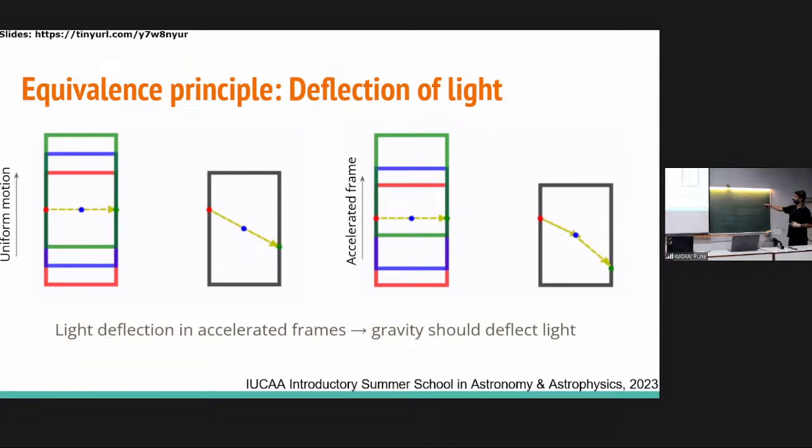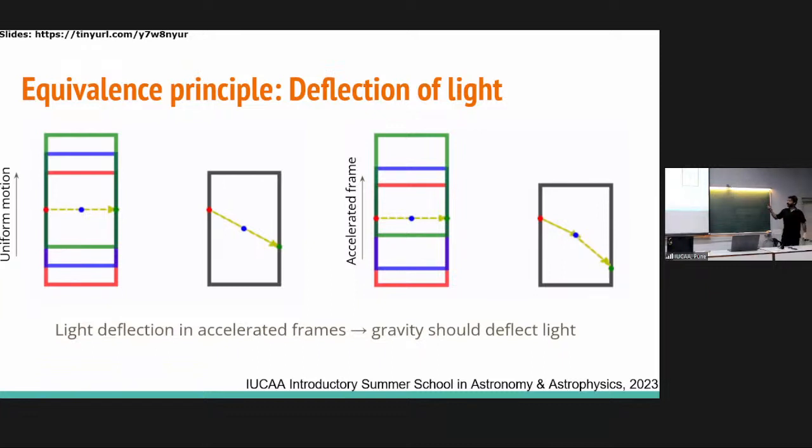So it will be here, then here, and here. But someone who is inside the lift will see that instead of a straight line, now this green point will be a little bit further down, right? And so if you are observing things in an accelerated frame, then you will start to see that there is this kind of bending. Now, light is no longer traveling in a straight line.